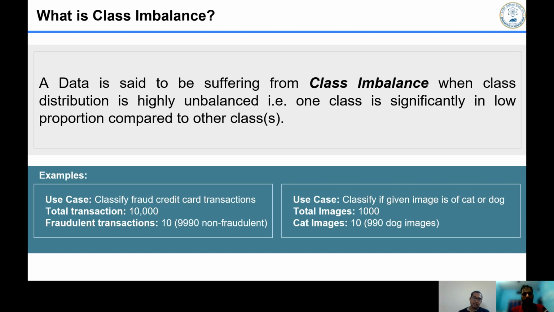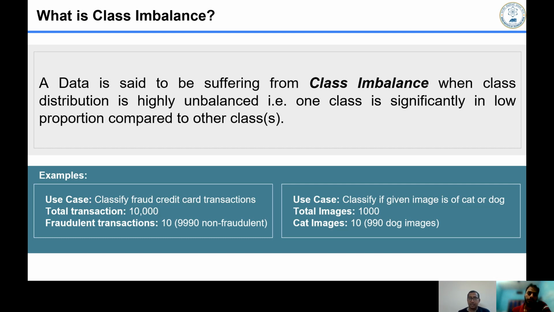A data set is said to be suffering from class imbalance when class distribution is highly unbalanced. That is, one class is in significantly low proportion compared to the other class.